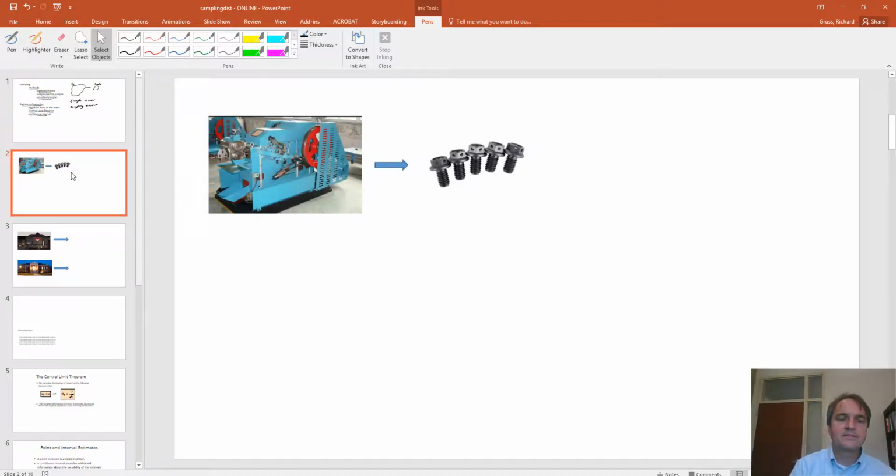As an opening case, let's think about this example. Let's say we've got a machine on the shop floor that creates these bolts, and we're interested in making sure that these bolts, of course, meet certain standards, the production standards.